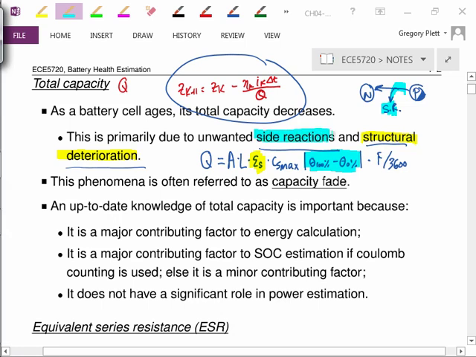CS max doesn't change. That's a physical property. Faraday's constant doesn't change. 3600 doesn't change, and so forth. So those are the only two things that can change that cause total capacity to go down.